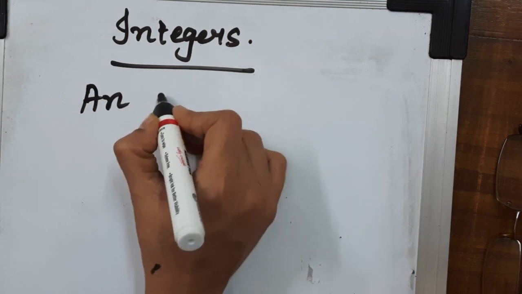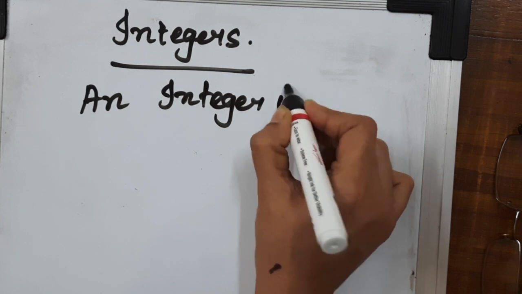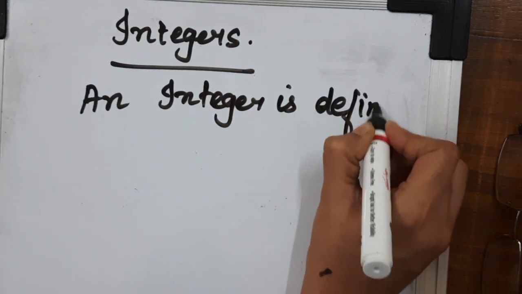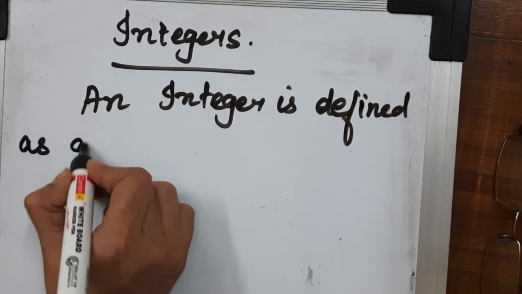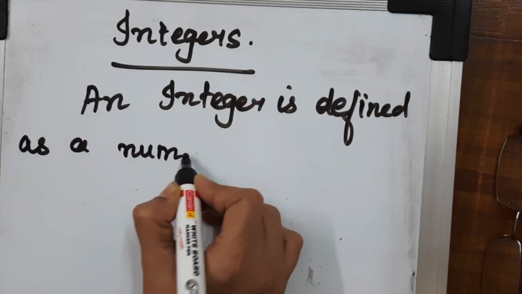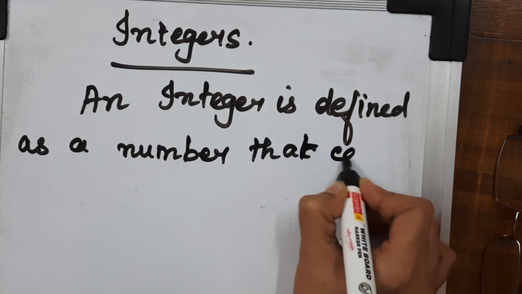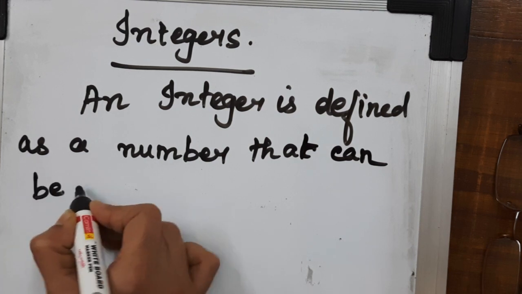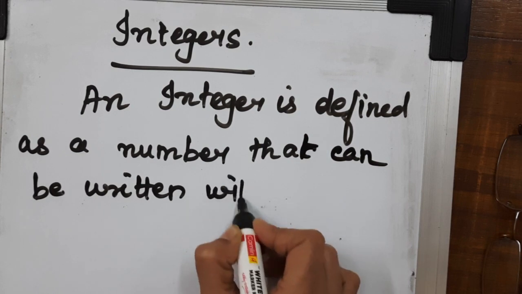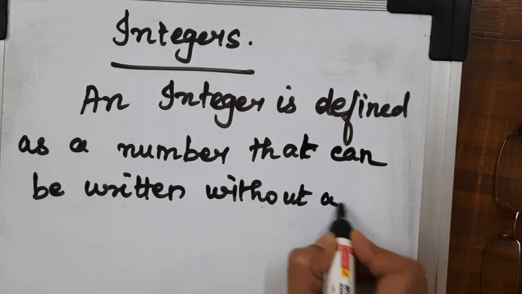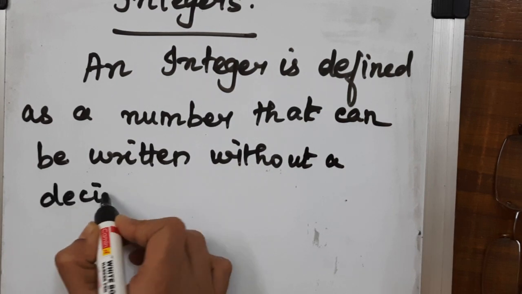An integer is defined as a number that can be written without a fractional point or without a decimal.